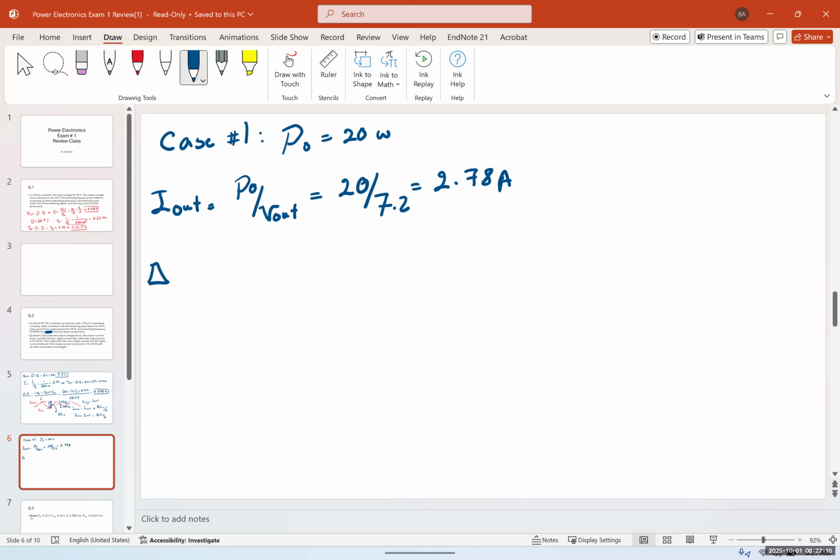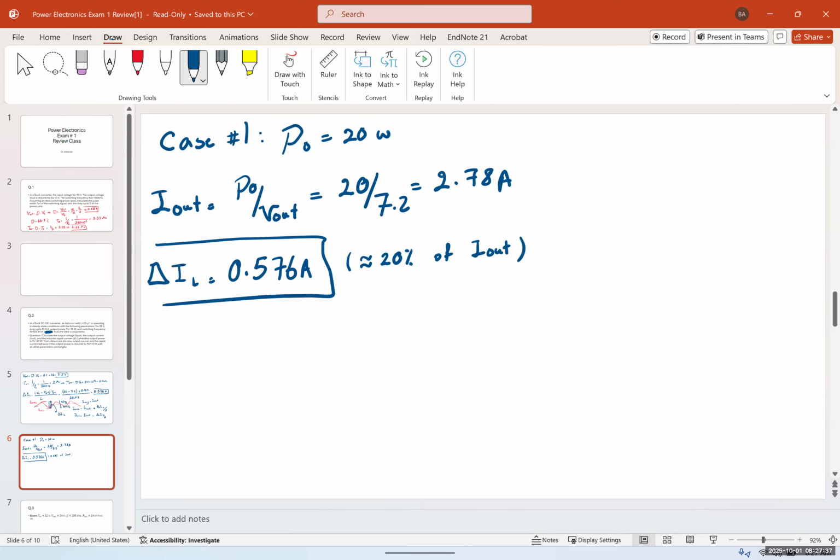The delta IL would remain the same, so 0.576 amps. This doesn't change again, which is around 20% of I out. If we divide 0.57 by 2.78, it's around 20%. And this is just for you to visualize it.